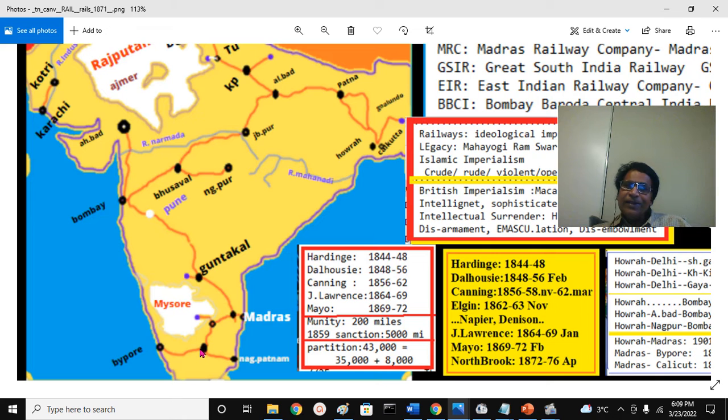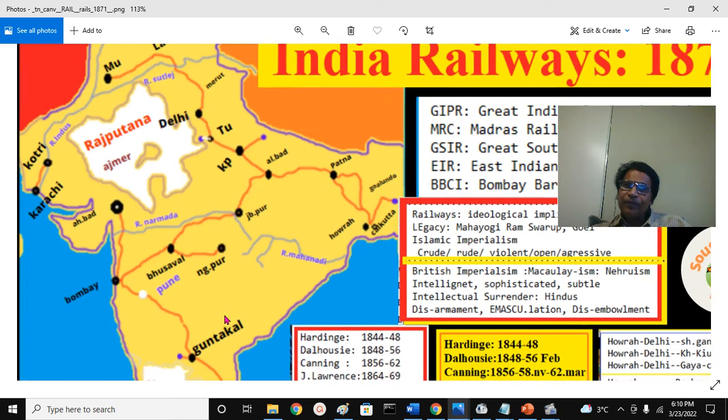Here the junction is called Erode. Erode to Karur. This is a meter gauge railway line. Karur, Tiruchirappalli, Tanjavur, Tiruvarur and the Nagapattinam coast. That is south of Karaikal, a French East India Company enclave here. So, Madras to Beypore and Madras to Bombay.